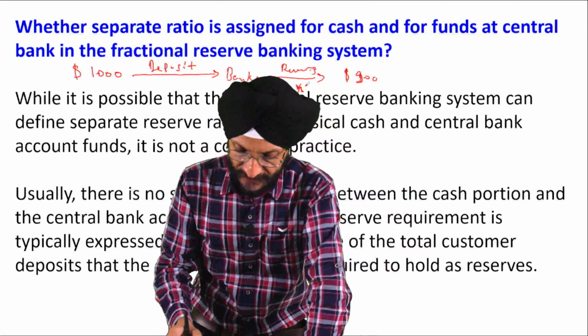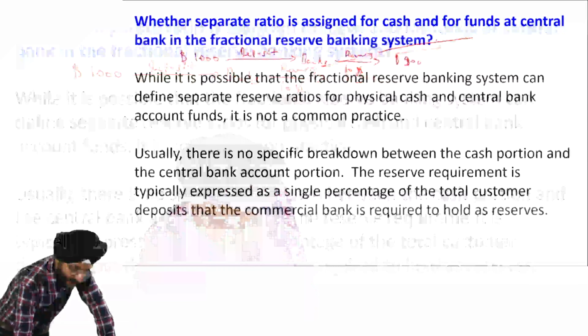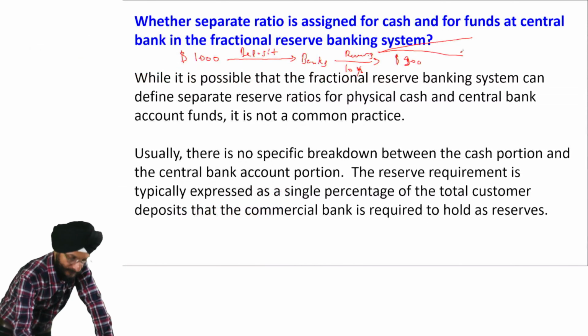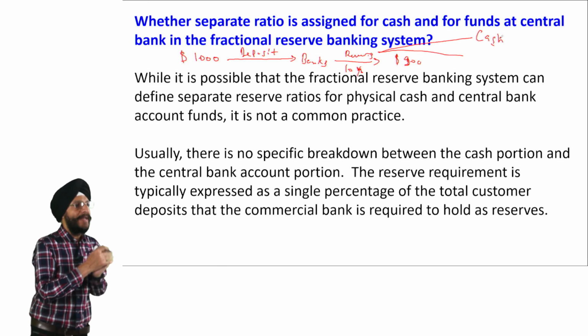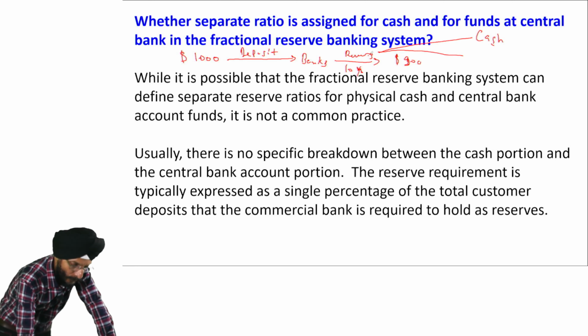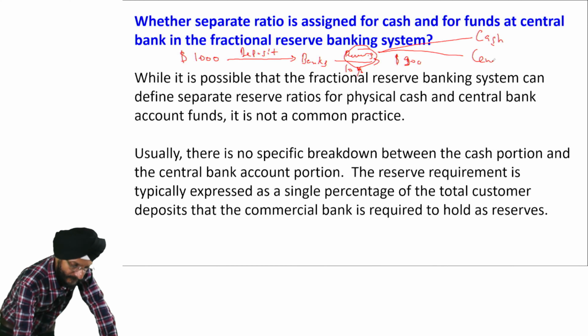Now the question arises, this reserve consists of two parts. Some amount has to be kept as cash by the bank, and some amount of these reserves has to be kept in central bank funds.